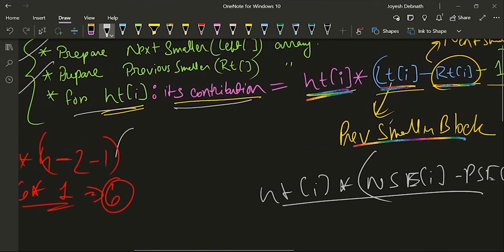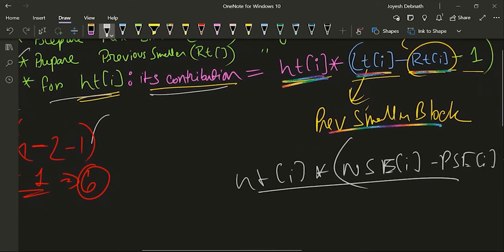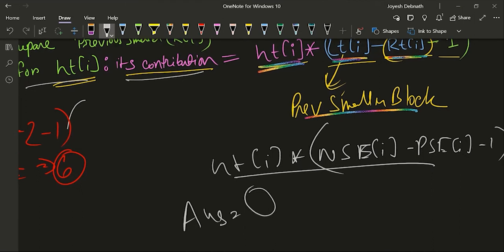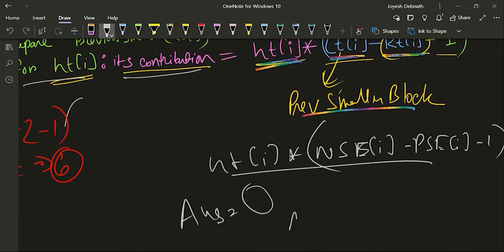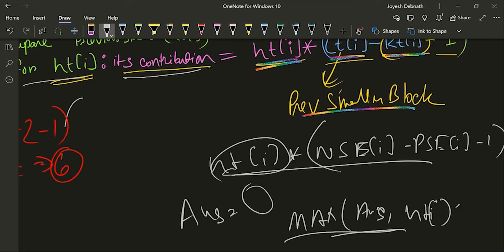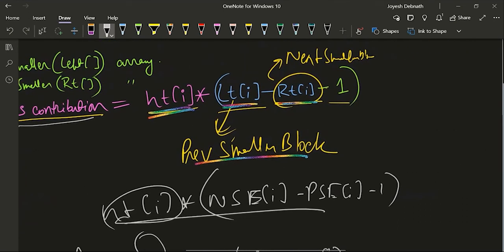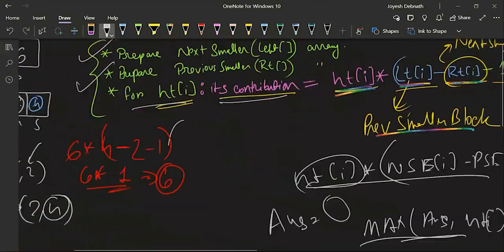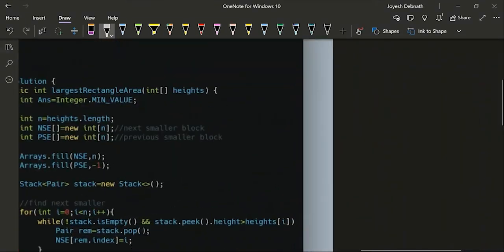And since the question is asking us to find out the largest area, so we'll have something called answer, which will be initially 0, and we will find the max of answer comma particular contribution of height I. So let's see the code, and this particular approach will be very much clear from the code.